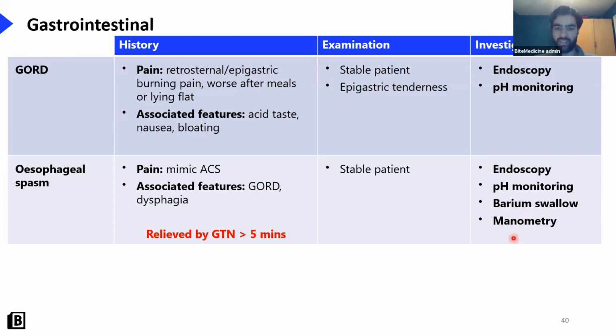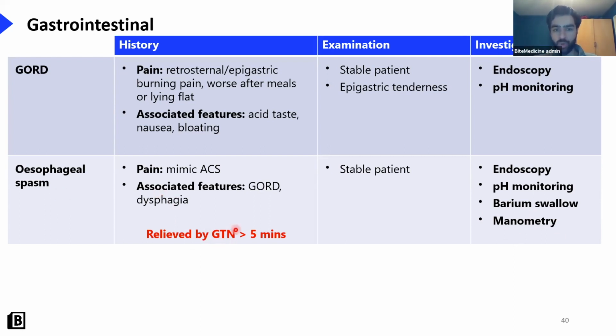conditions like achalasia. The key thing is GTN can cause pain relief in esophageal spasm because it's a muscle relaxant. So it's going to stop those spasms, but typically takes longer than 5 minutes. Whereas in MI or angina, it should provide much quicker relief.